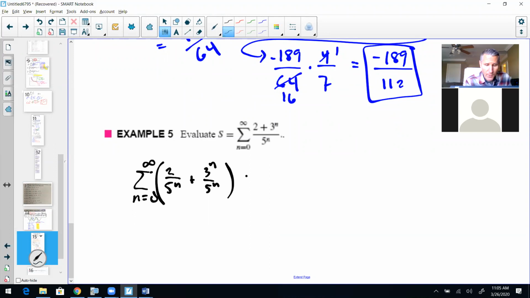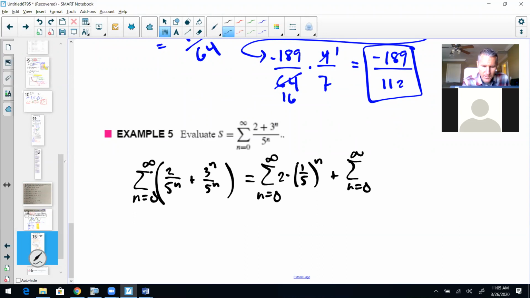Well, now I would call this the summation as n goes from 0 to infinity of 2 times 1/5 to the n plus the summation as n goes from 0 to infinity of 3/5 to the n.